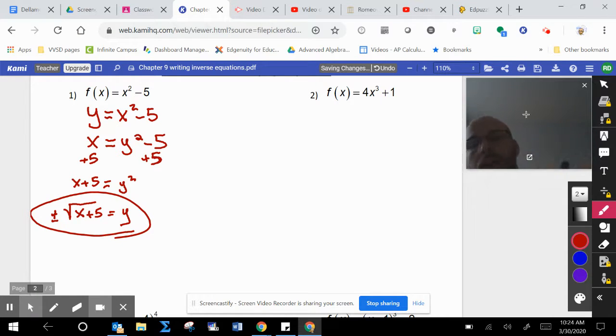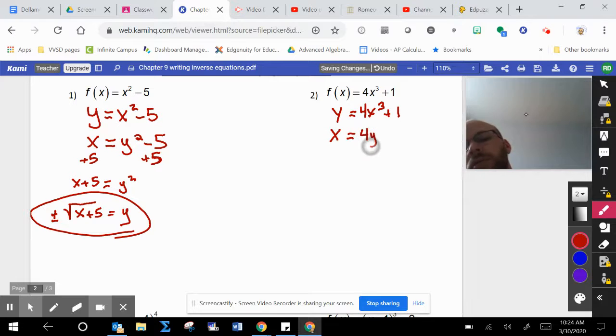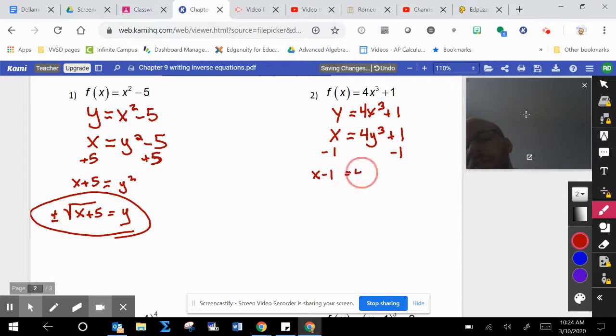Number two, I start the same way. y equals 4x cubed plus 1. I'm going to transpose the x and y coordinates. I'm now going to isolate the y by subtracting 1 from both sides. Okay.